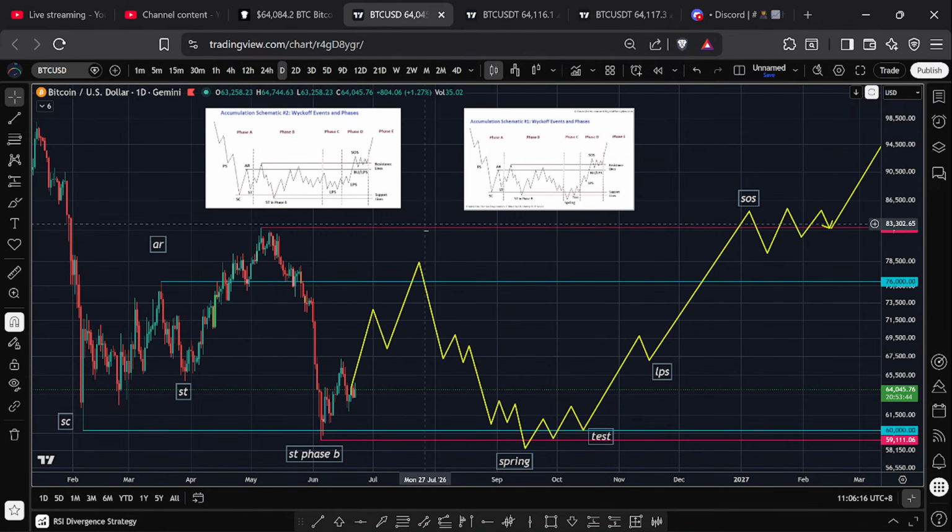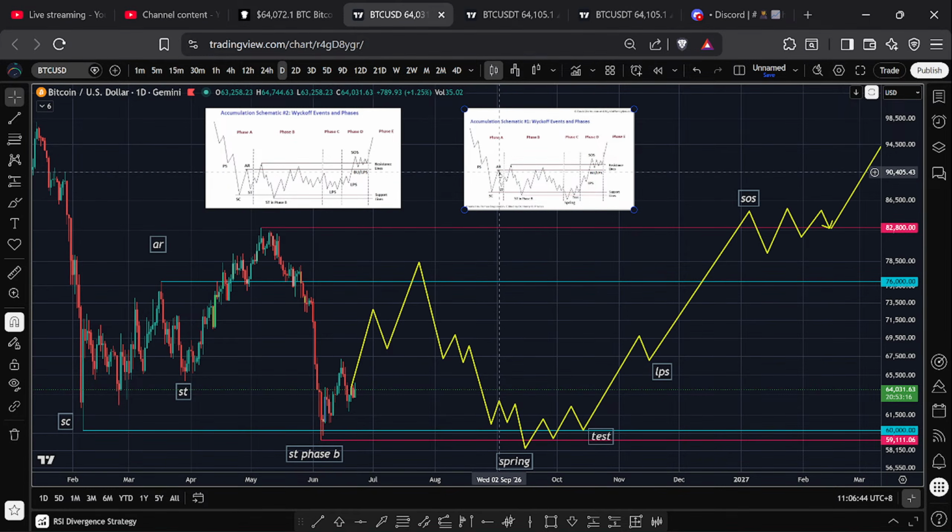I've even put in the blue lines to show these lines. The pink lines are showing the outer lines. So whichever schematic, this could actually do something similar to this. So if this is going to play out bullish, it'll be playing out like this schematic. So you're looking at a move just above this blue line.